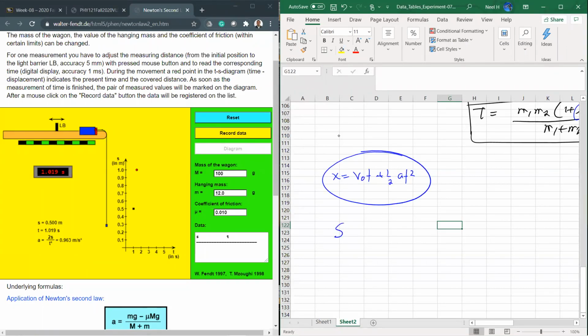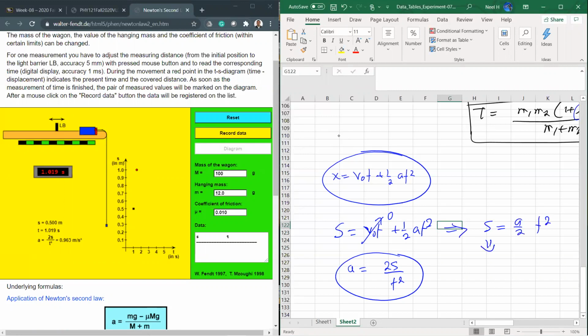In this case, displacement we're writing as s or d. V0 is actually 0, so that part is 0 plus half acceleration times t to the power 2. Now acceleration I can calculate from here: acceleration is equal to twice s over t to the power 2. Or if I have this as an equation, s is equal to a by 2 times t to the power 2, I can put s on the y-axis and t squared on the x-axis.